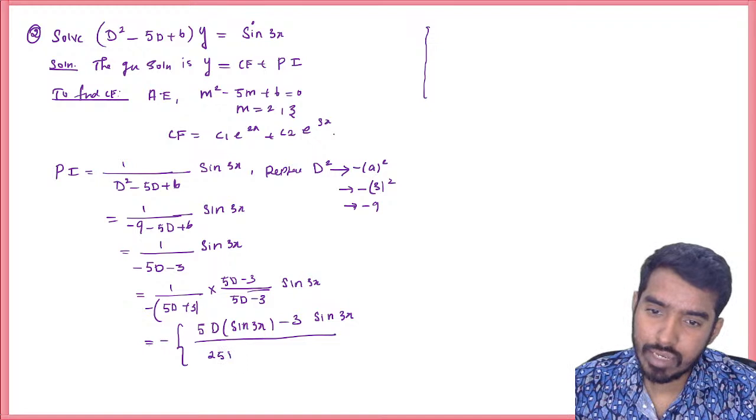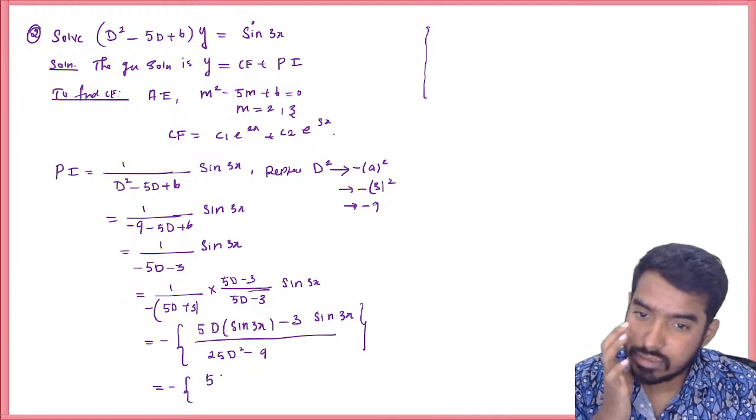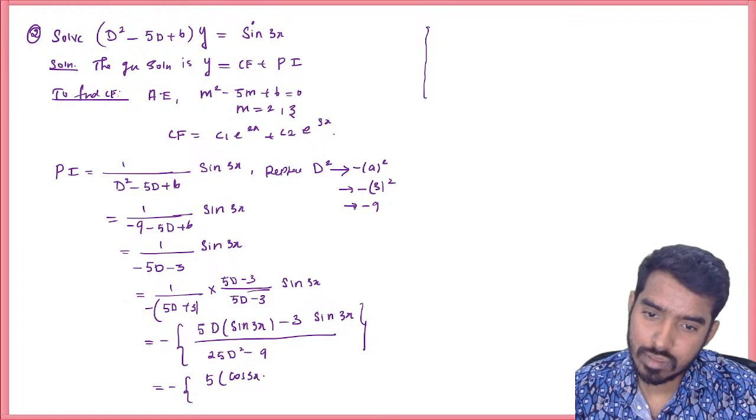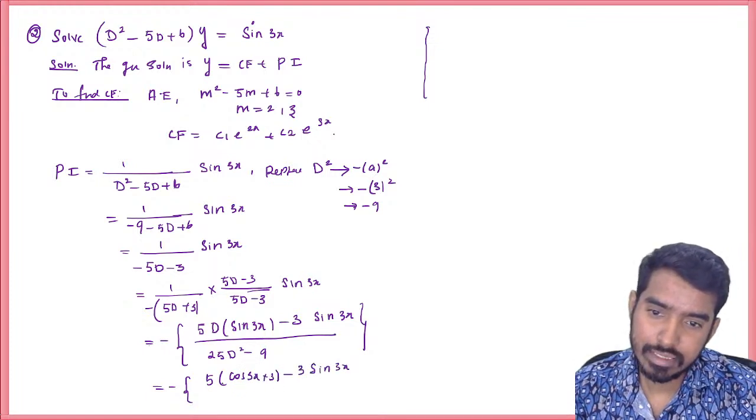So it will be 25D square minus 9. So this will be minus of 5 times cos 3x into 3 minus 3 times sin 3x divided by, D square is minus 9, right?